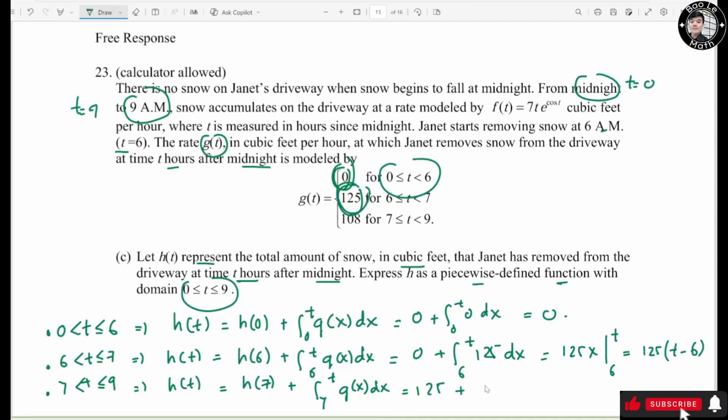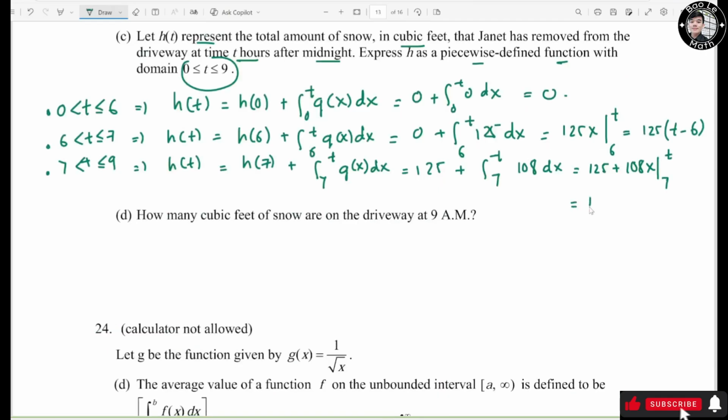Plus the integral from 7 to t of 108 ds, and it's going to be 125 plus 108 evaluated from 7 to t. It's going to be 125 plus 108 times (t minus 7), right? So the piecewise function is h of t equals.